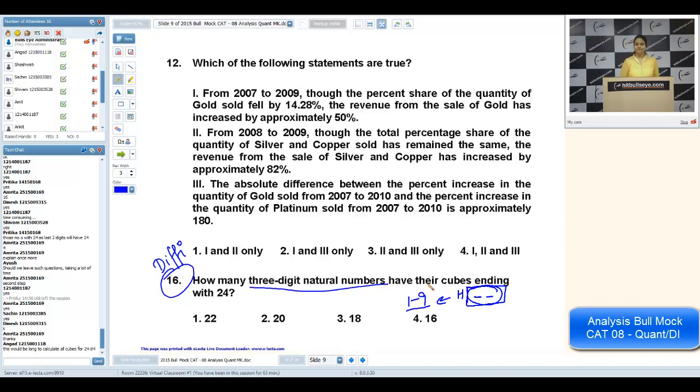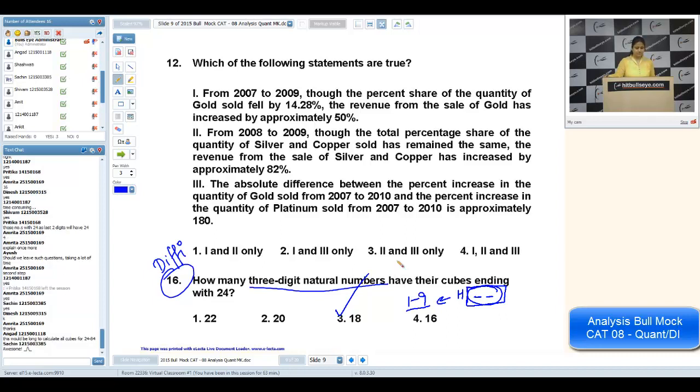If we are getting three possibilities, we'll get 9 numbers in every case, then the answer should be 27. But in this case, since we have only one multiple of 9, I straightly marked the third option. You got that? So I think it was easy. But if you calculate the whole stuff, then obviously this is difficult.